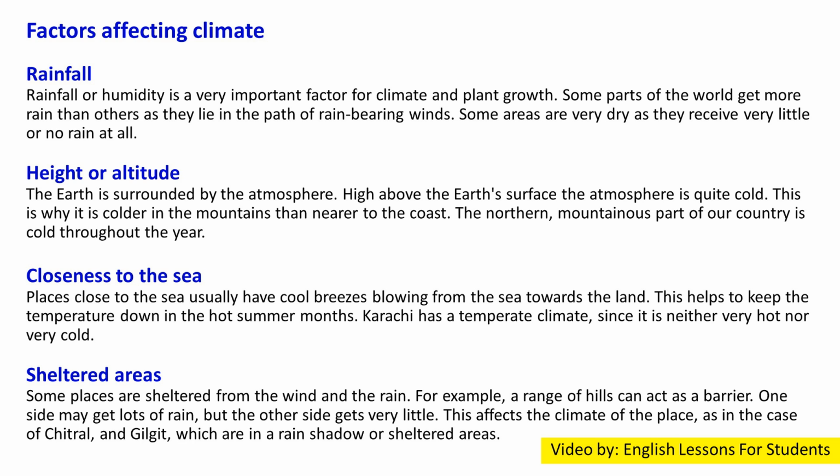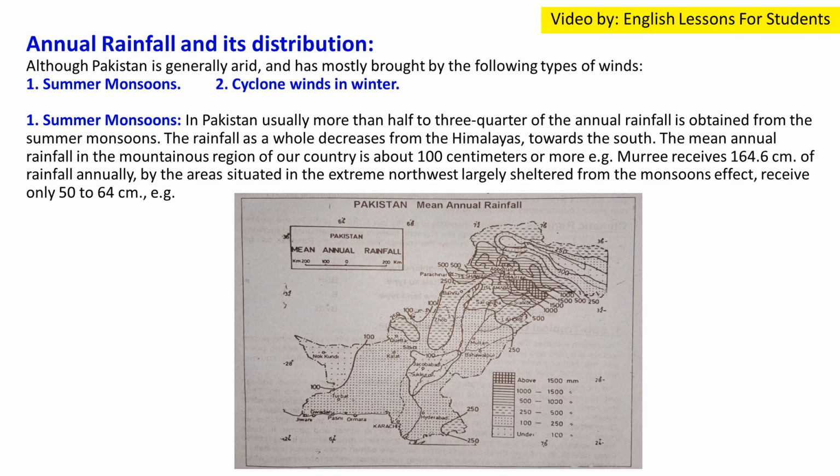Some places are sheltered from the wind and the rain. For example, a range of hills can act as a barrier. One side may get lots of rain, but the other side gets very little. This affects the climate of the place, as in the case of Chitral and Gilgit, which are in a rain shadow or sheltered areas.